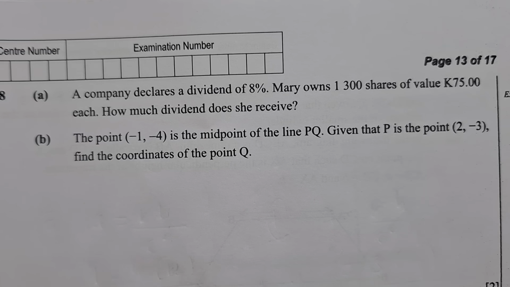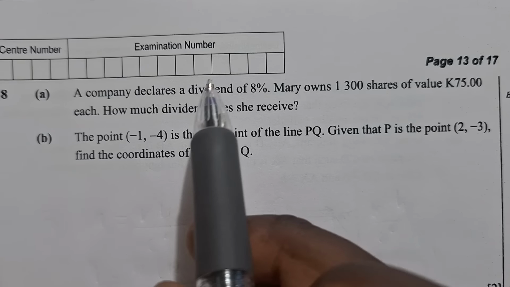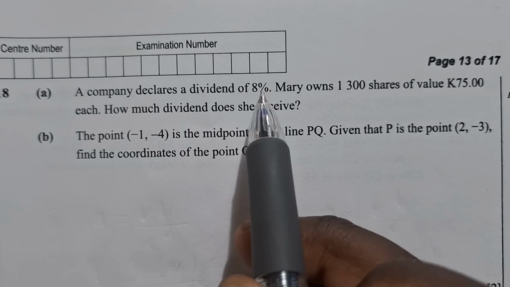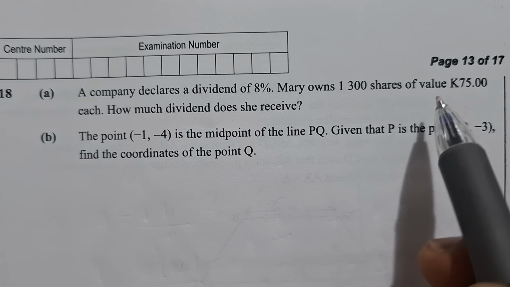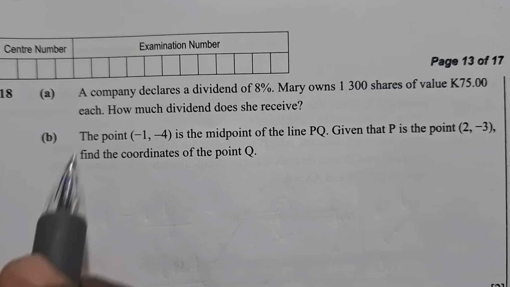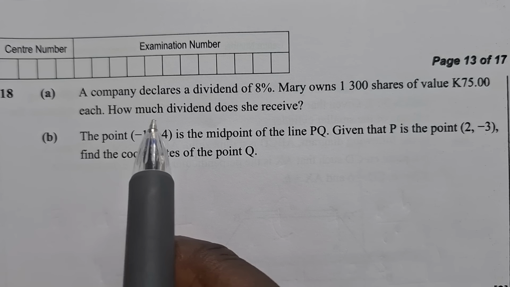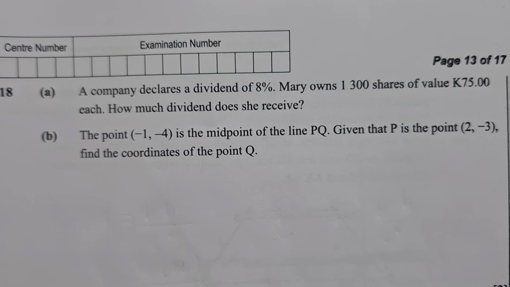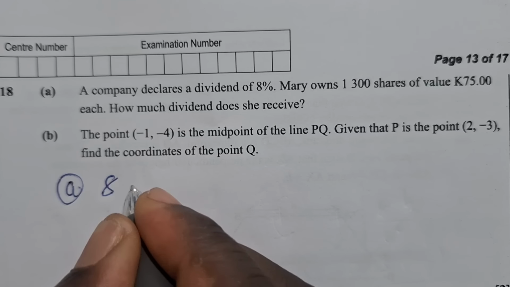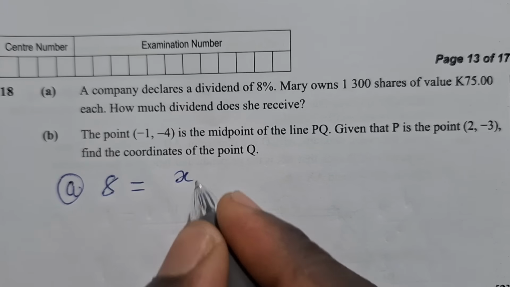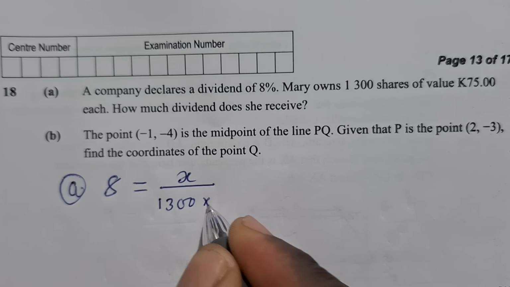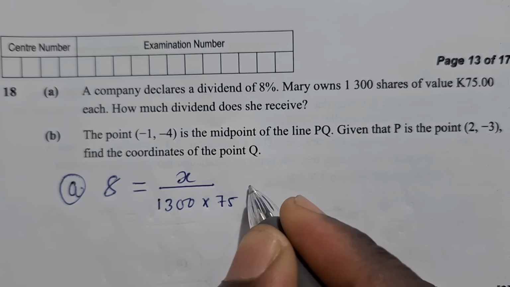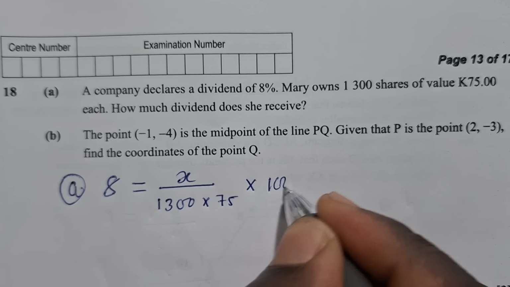All right, so for question 18 here, they're saying a company declares a dividend of 8%. Mary owns 1,300 shares of value 75 kwacha each. How much dividend does she receive? So here, question A, 8 is equal to, we don't know what she's receiving, x, over 1,300 times 75, and then times 100%.